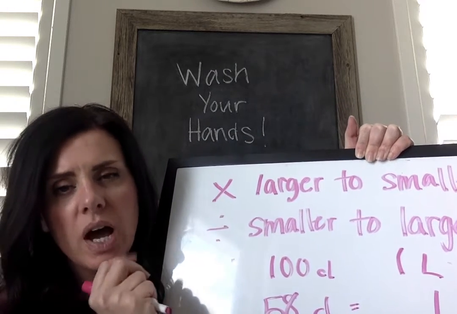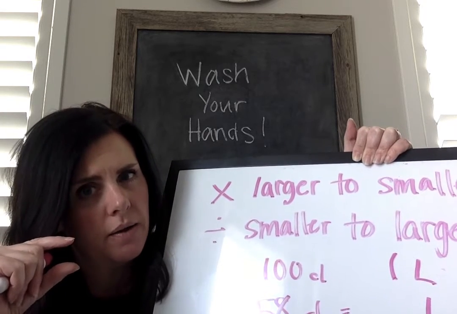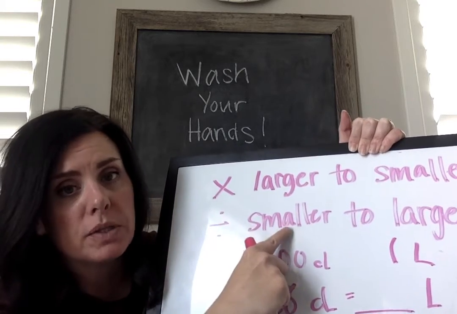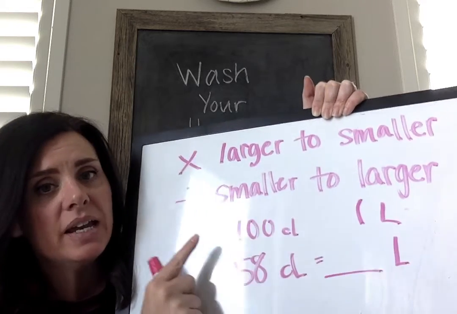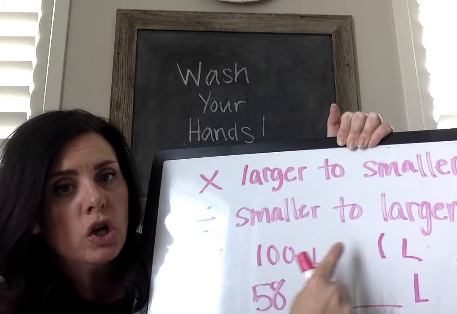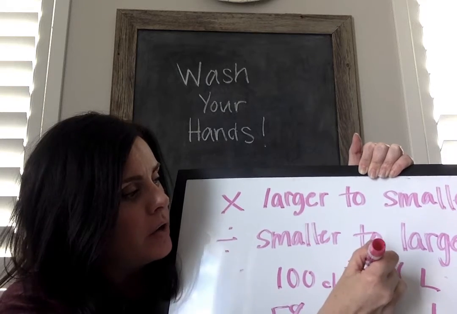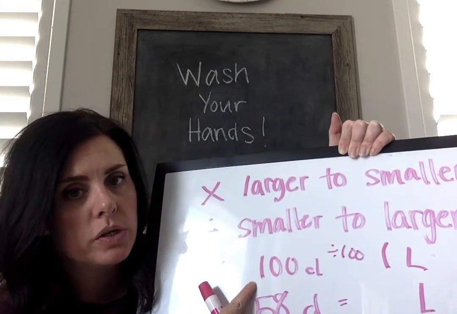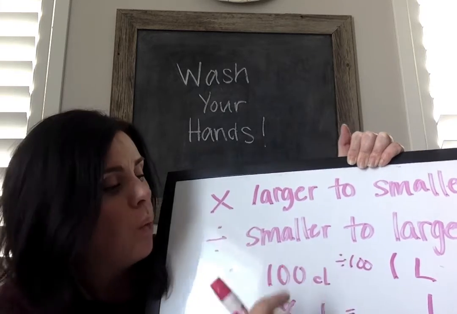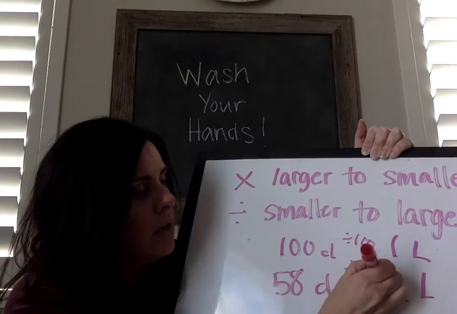Okay, if there's 100 centiliters in 1 liter, then they're pretty small, right? So we divide when we go from smaller to larger, and I can tell that right here because I'm going from 100 centiliters to 1 liter. So it looks like I'm dividing by 100. I'm going from 100 to 1. 100 divided by 100 is 1. So if I divide by 100 up here, I've got to divide by 100 right here.